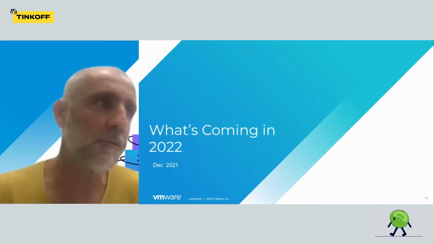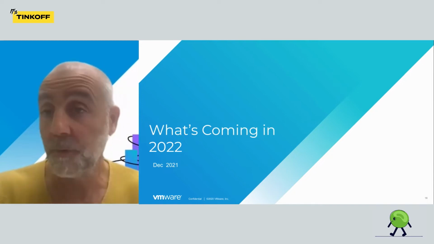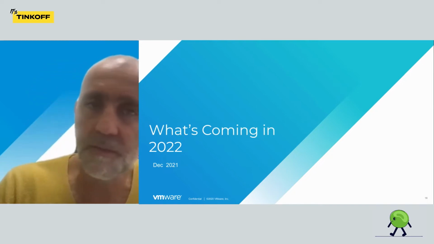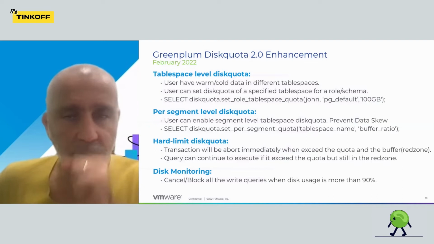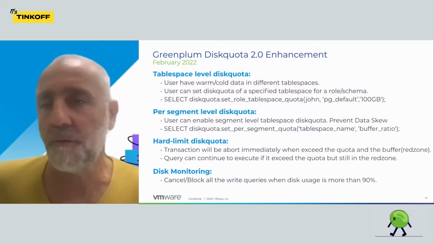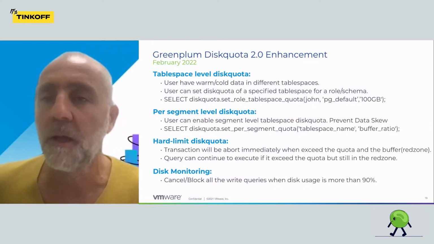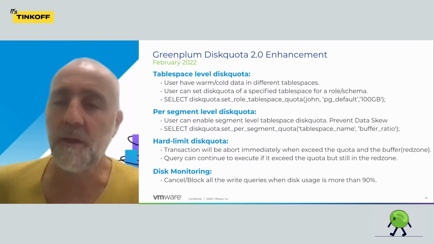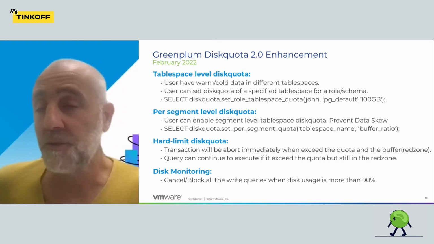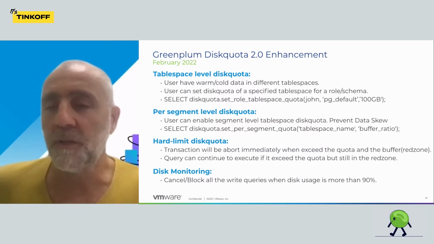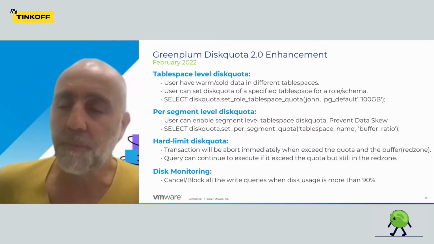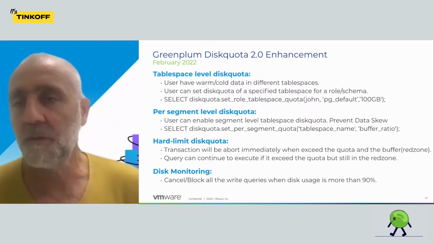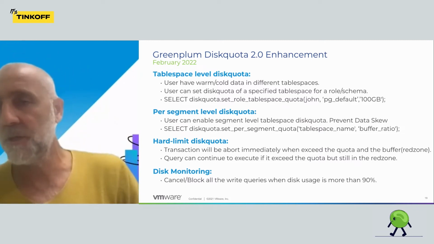Let's look now at what's coming in 2022 on top of Greenplum 6. I will start with a functionality that we will implement in GA by February timing. As you know, one of the big advantages of Greenplum is that it is based on Postgres, so we can benefit from multiple extensions.